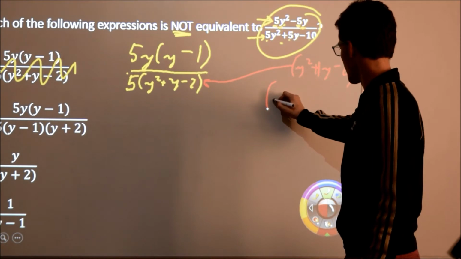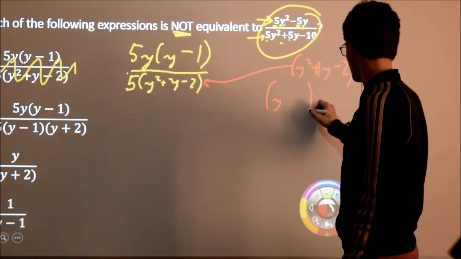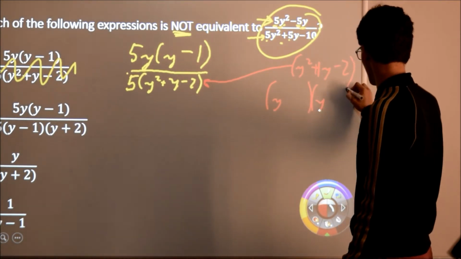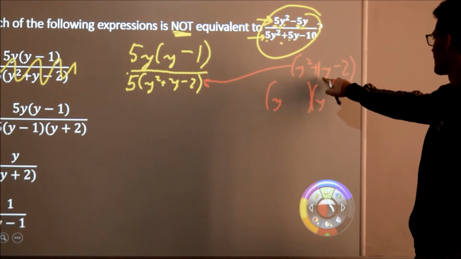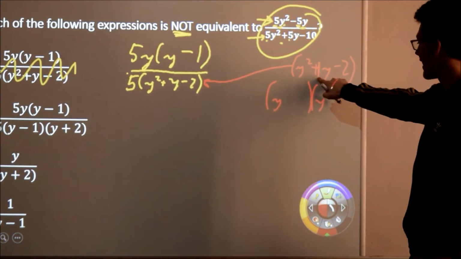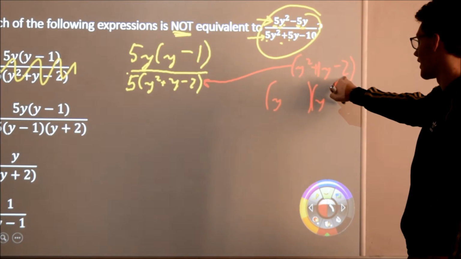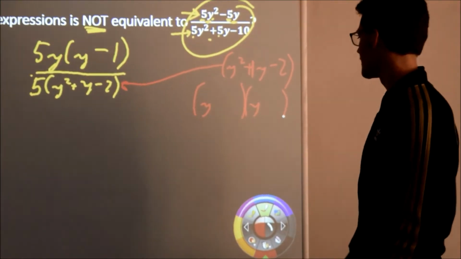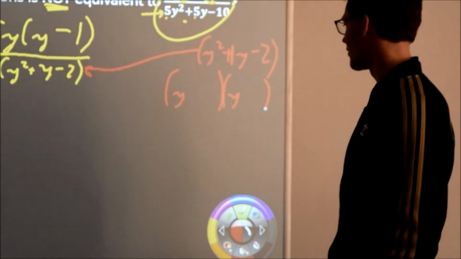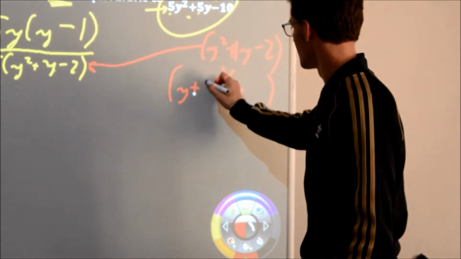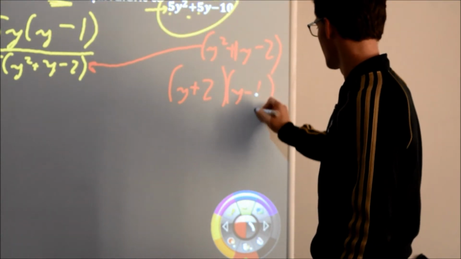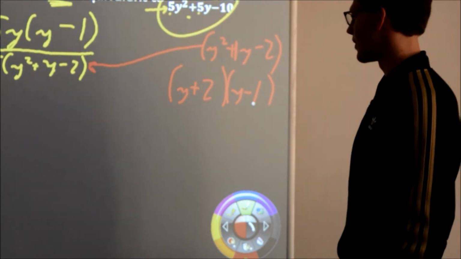Since the first term is y squared, we know that y and y are multiplied together. So we're stuck with those two numbers that will add to give you +1 and multiply to give you -2. And that's +2 and -1. And that's the bottom part factored.